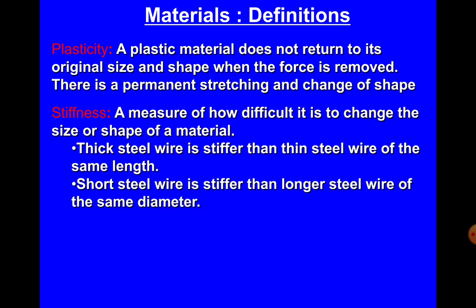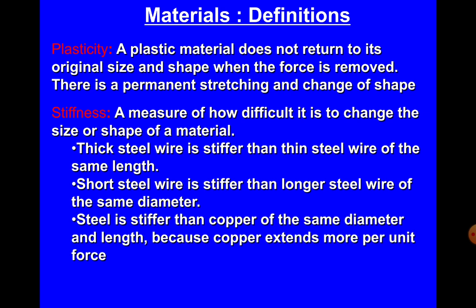Obviously, short steel wire is stiffer than long steel wire when we use the same diameter. And of course we have a difference in material. Steel, for example, is much stiffer than copper, with the same diameter and length. If we compare all these, copper in this case is less stiff, so it extends more per unit force.